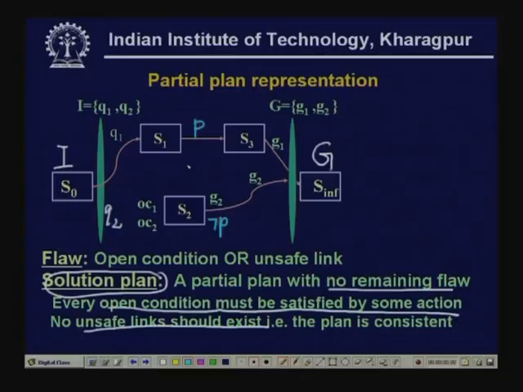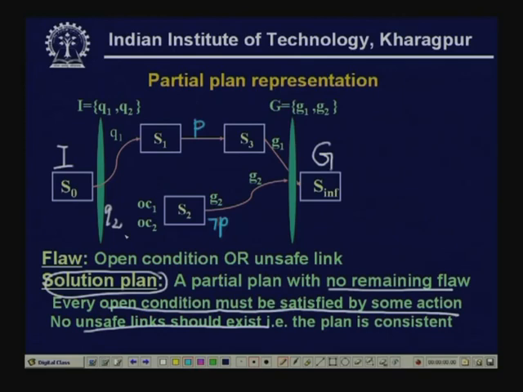There are two types of flaws in this plan. Firstly, S2 is a step which has two preconditions OC1 and OC2 which are not yet satisfied. So, OC1 and OC2 are the open preconditions of the step S2. So, this is flaw number 1.